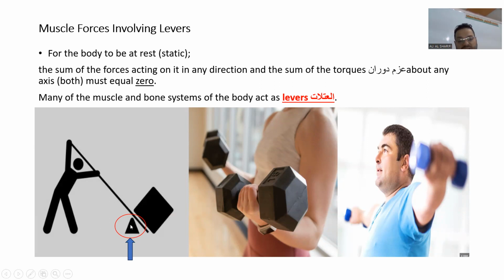This will relate to this triangle point. And here let's think about whether this athlete woman can use this weight, 15 kilograms I think, in this exercise. Can the same athlete woman do this exercise? I don't think so.